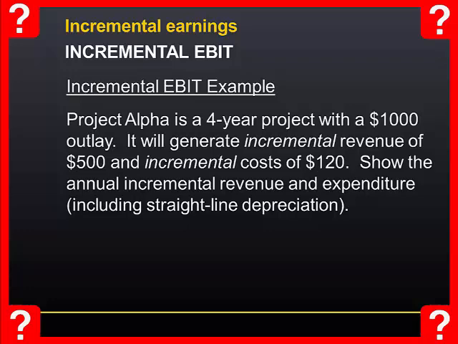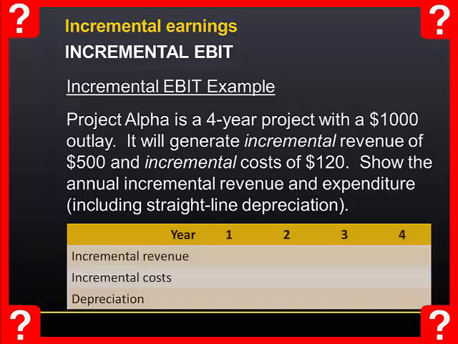Broadly speaking, there are 3 items that contribute to earnings or profit for the year: incremental revenue, incremental costs, and depreciation. The incremental revenue is $500 per year for 4 years. Incremental costs are negative $120 because they are cash outflows. We are told that we are to use straight line depreciation.